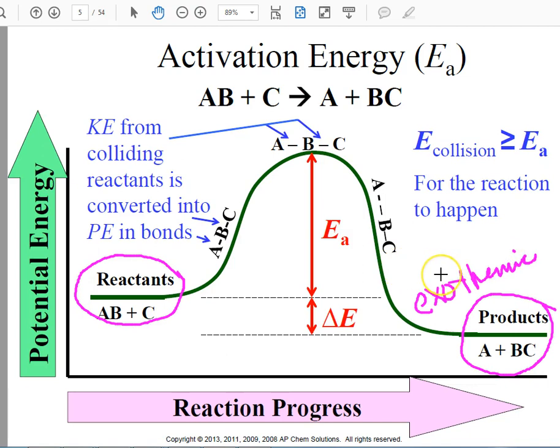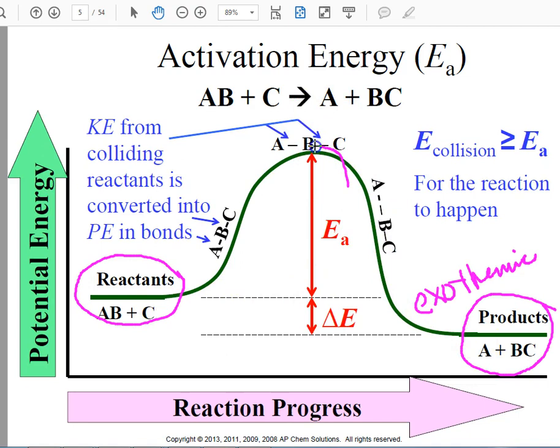But in order for this reaction to occur, it has to get over this activation energy hump. So remember from our discussion of enthalpy, in order for a reaction to go, we have to break apart some of the bonds, and then we can start to make new bonds. So this is the activation energy when they're colliding and breaking bonds, and then when they start to make these new bonds.